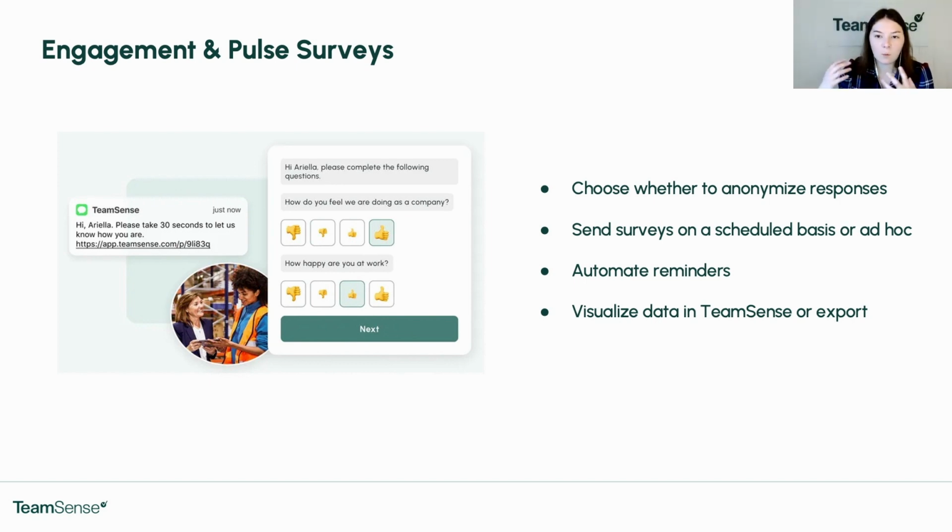They already were working with an engagement vendor. Obviously there are lots of vendors out there: Gallup, Qualtrics, Culture Amp. What they did was have their vendor create a link to their engagement survey that could be shared generally, and they used the TeamSense Communicate feature to send that out to all of their employees.